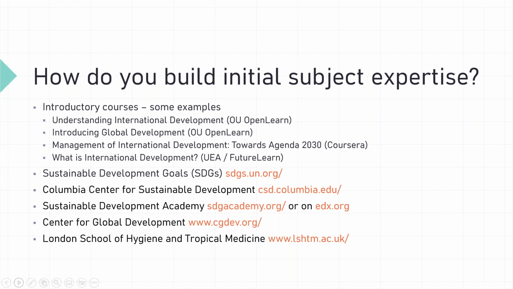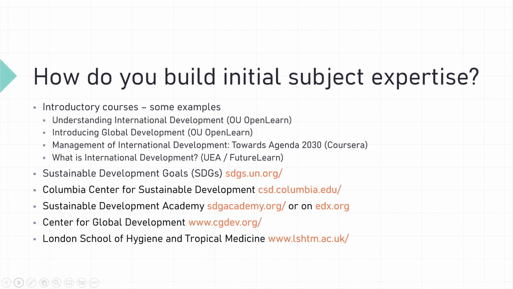And a slightly more specialised source, if you're interested in global health, would be the London School of Hygiene and Tropical Medicine. They offer quite a number of free online courses, but also the option to study and delve a little bit deeper, so MSc courses there, but also at SOAS, the School of Oriental and African Studies at the University of London, who do various postgraduate courses in sustainable development and climate change.